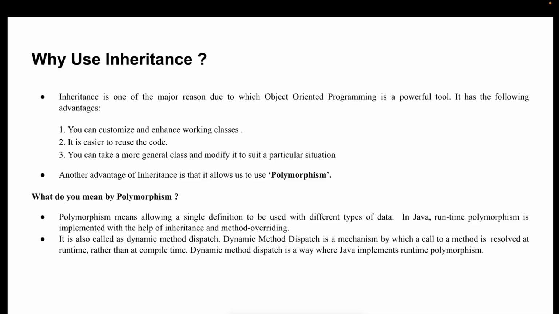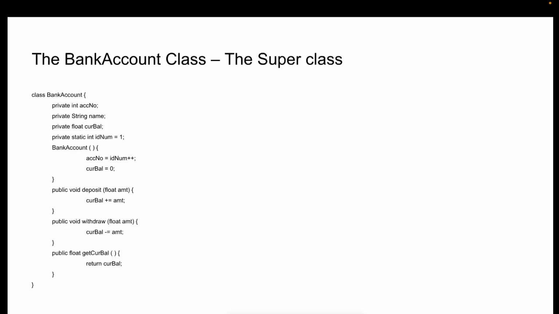Method overloading we had already seen in previous classes. Let's go ahead and see this particular class. There is a class called BankAccount, and let's consider this the super class, meaning the parent class. It has some data member variables like account number, name, current balance, and id num.